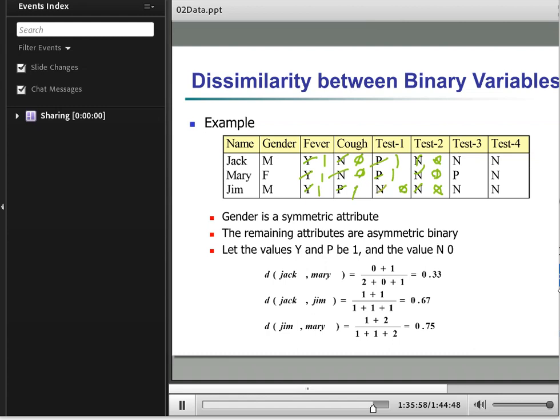First, I replace all cases with 0 and 1. Then I'm replacing values and using the similarity formula in the past slide.